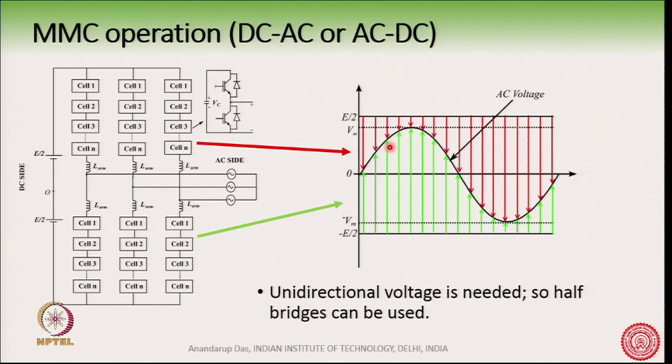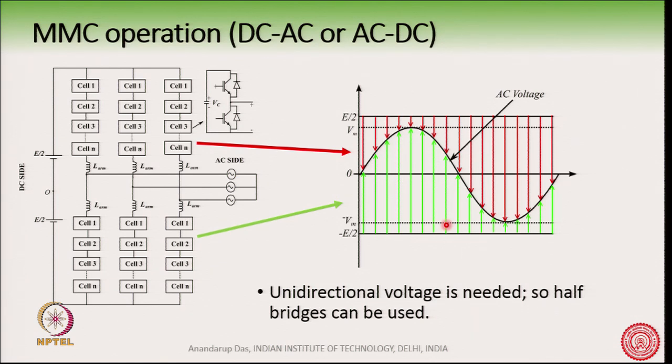The equation which we had written in the previous slide is now diagrammatically represented here in this waveform, where the red and the green arrows represent the instantaneous voltage magnitude of the upper arm and the lower arm. So, these are the controllable voltage sources made up of these cells.